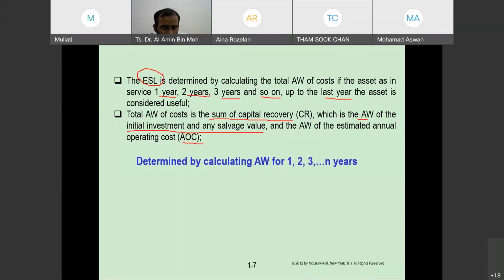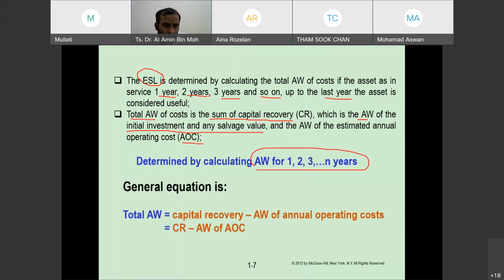So we have these three things, using this AW. We can determine it by calculating AW for the whole span of years. Okay, so this is the general equation. Total annual worth is capital recovery minus the annual operating cost, AOC. Okay, so by having this, we are going to compare.